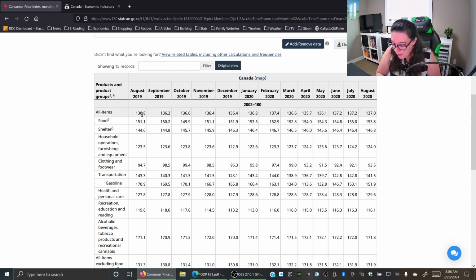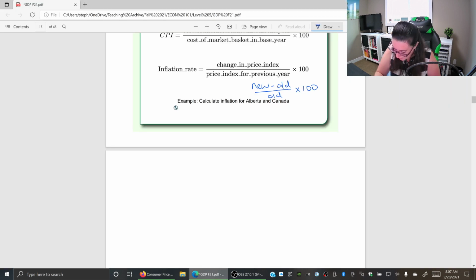So we can see August 2019, the CPI was 136.8. August 2020, the CPI is 137. If we hang on to those numbers, let's just write them here. August 2019 was 136.8, and August 2020 was 137.